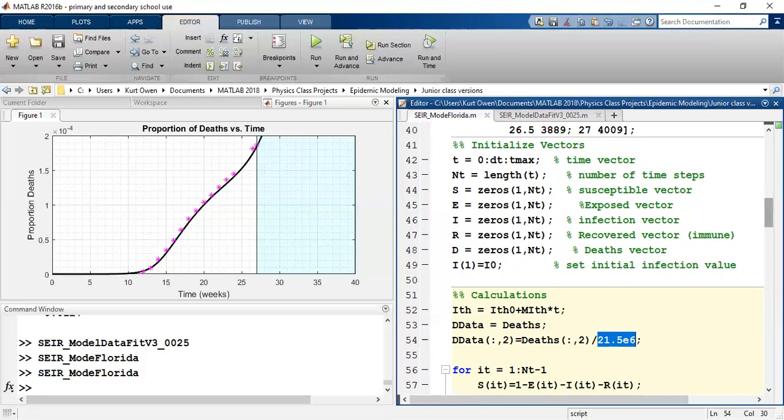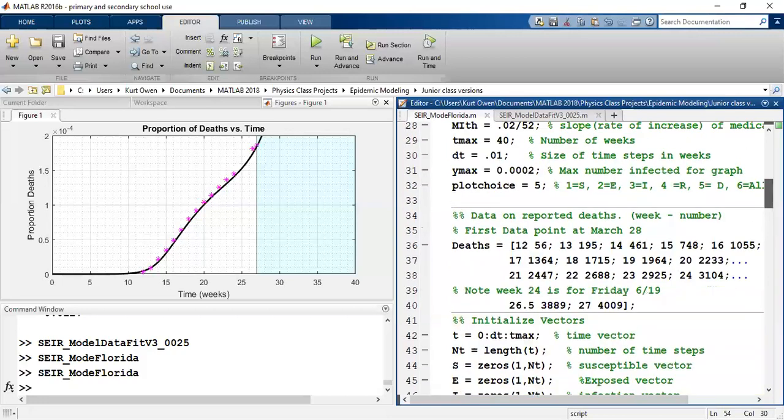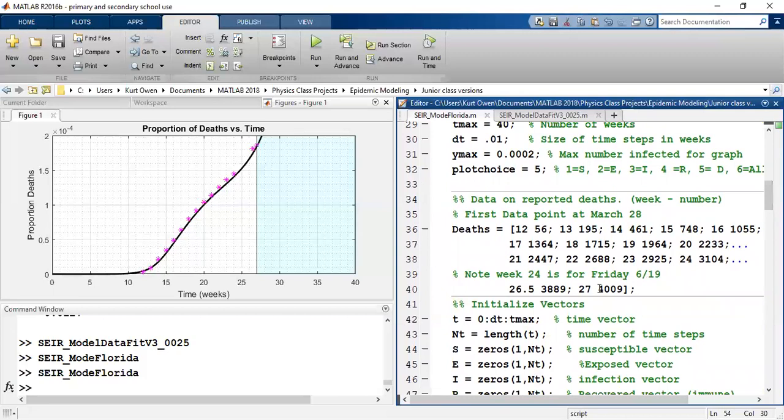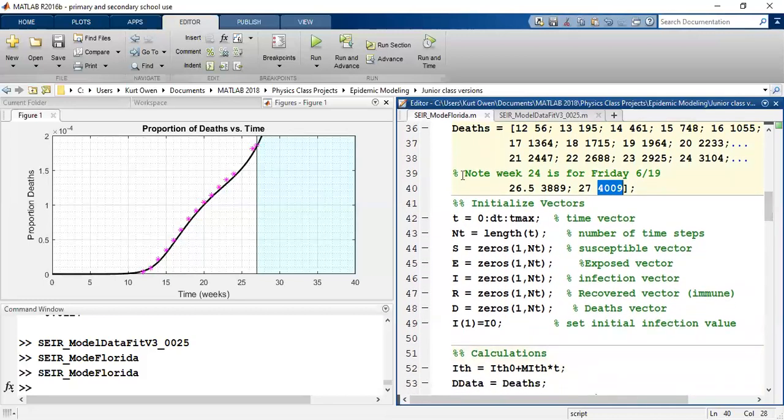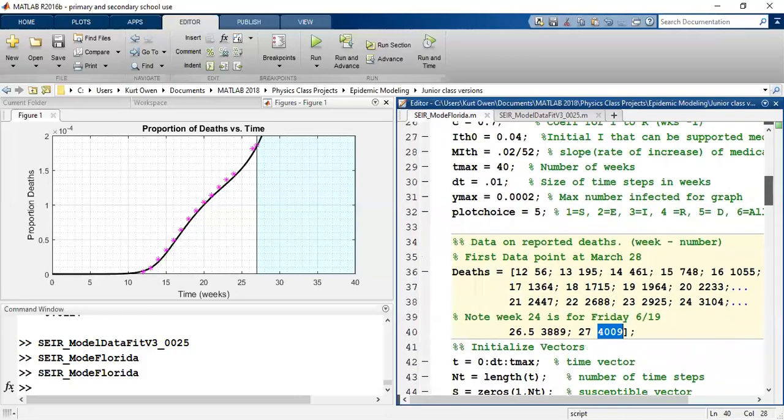So Florida has more than double the population of New Jersey, yet the number of deaths right now, 4,009, is a little less than 1/3 of the deaths in New Jersey, for a population that's more than twice as big. So we have a much lower percentage of deaths, so the A values need to be matched to that.